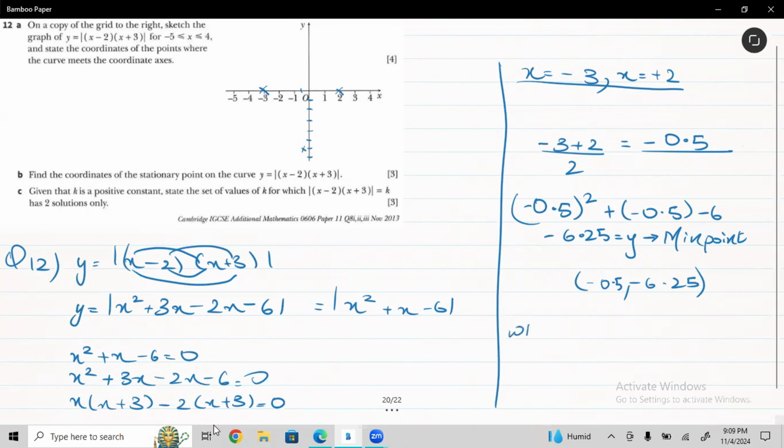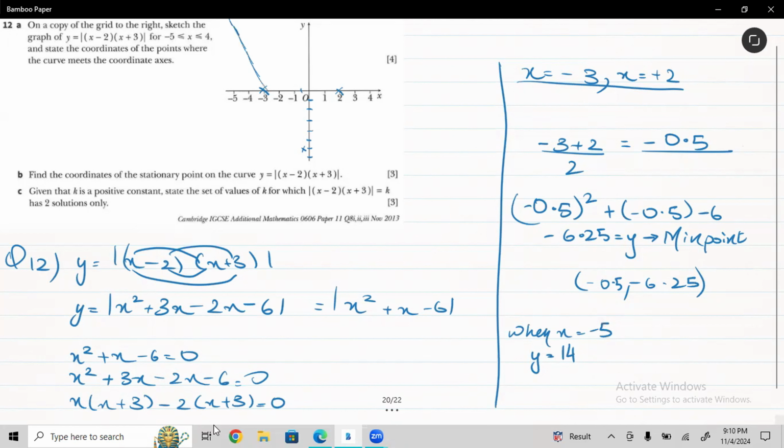So when x equals negative 5, y equals negative 5 squared, which is 25, minus 5 minus 6, and y equals 14. It's a really high value, coming from above.